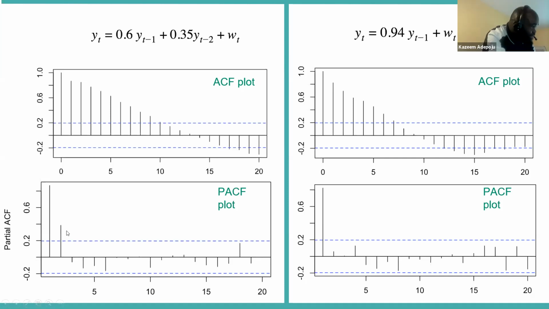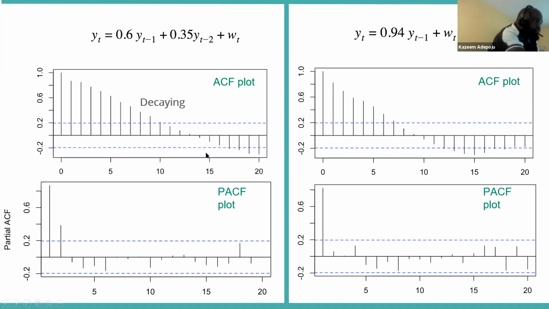When I see two lines above the dotted line, I know it's going to be AR2. And when I only have one line going beyond the dotted line, I know that is going to be AR1, because outside that lag, all the autocorrelation is going to be 0. So I think you know that now.